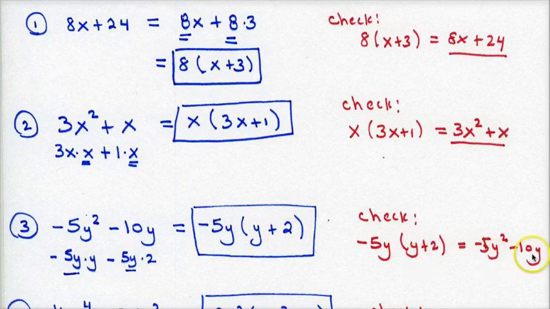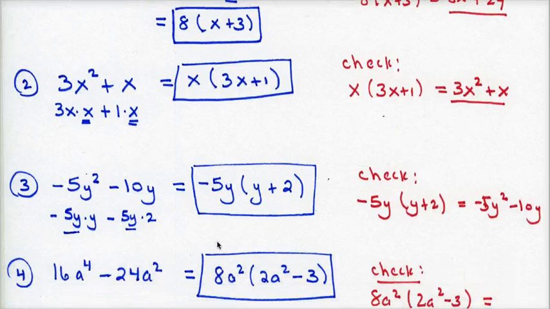And here's my double check. So yes, I do get back the original. That is optional. I do encourage you to check it on the side, but the boxed quantity is my answer. Negative 5y times the quantity y plus 2. Again, order doesn't matter, but it looks awkward if you write it the other way, so I would prefer it written in this order. Negative 5y times the quantity y plus 2.